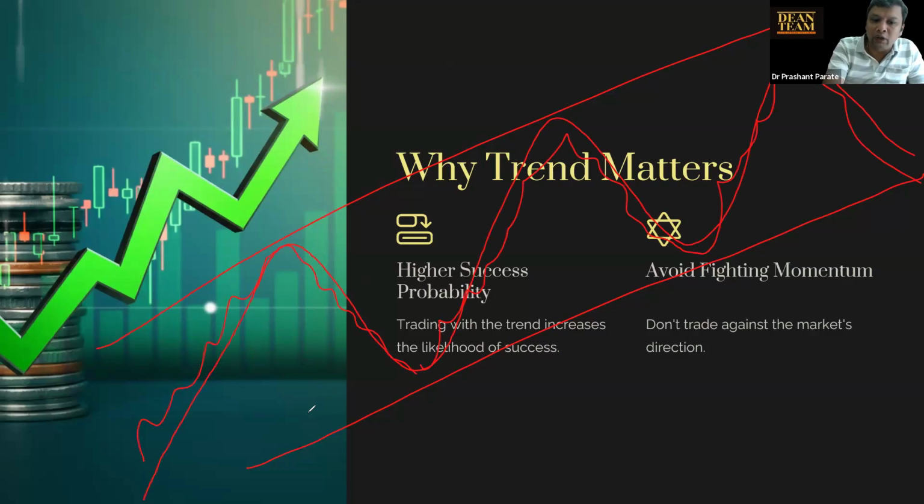But what we can do, if this is a retracement or pullback on the higher time frame, a daily chart or 75-minute chart, and 15-minute is down, don't take a shorting trade.